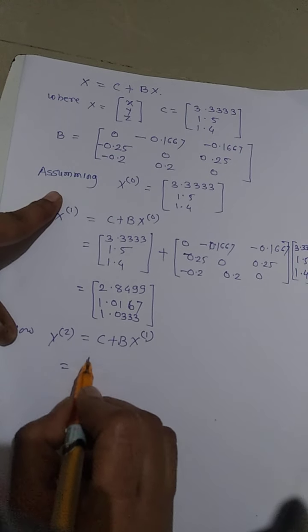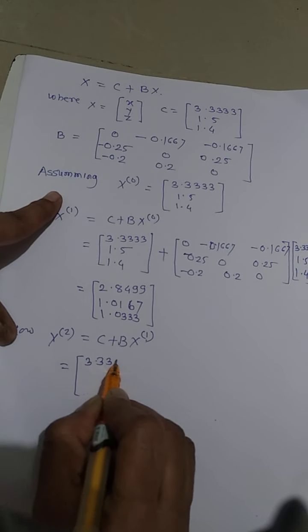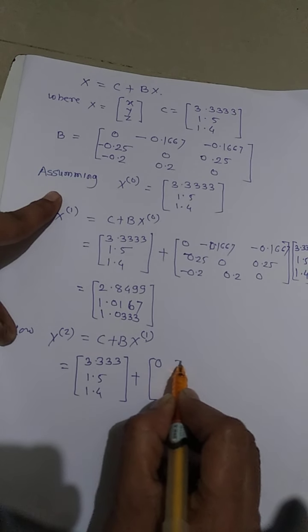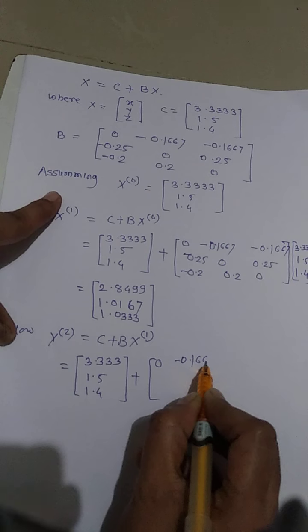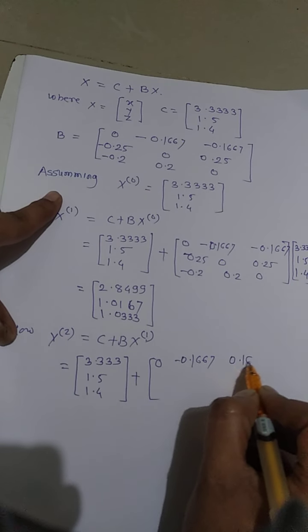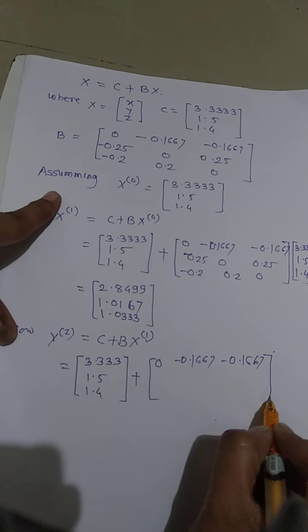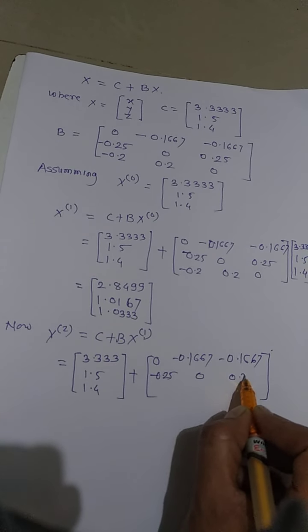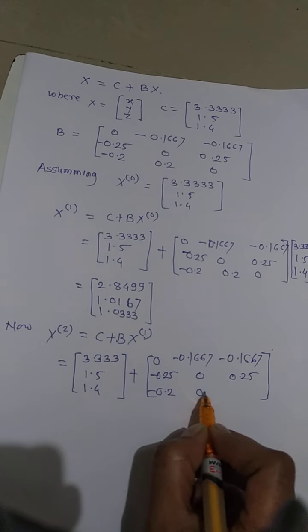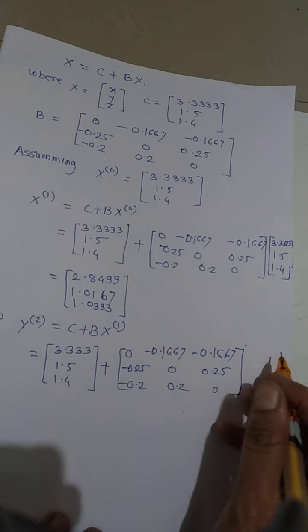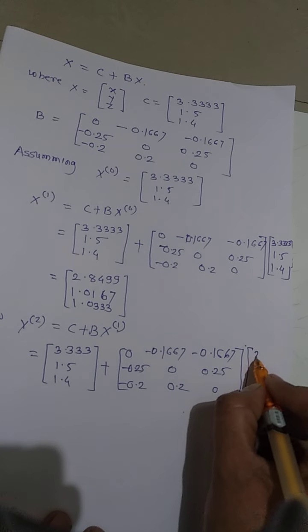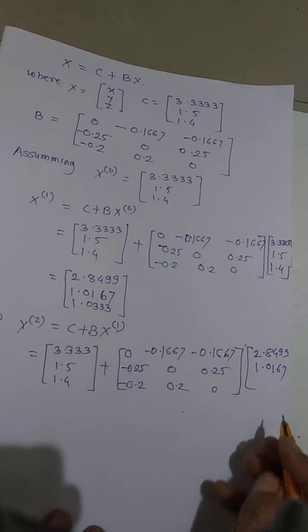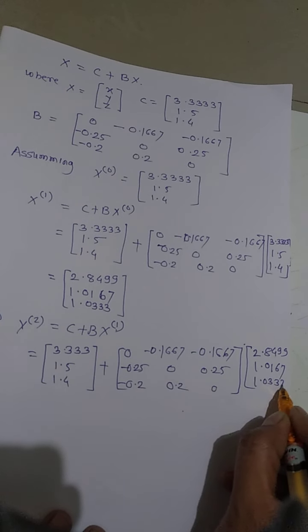Then again use the equation x of 2 is equal to c plus b into x of 1. Again put this matrix: 3.3333, 1.5, 1.4 plus b, the matrix with rows 0, minus 0.1667, minus 0.1667; minus 0.25, 0, 0.25; minus 0.2, 0.2, 0, and again x of 1 is equal to 2.8499, 1.0167 and 1.0333.